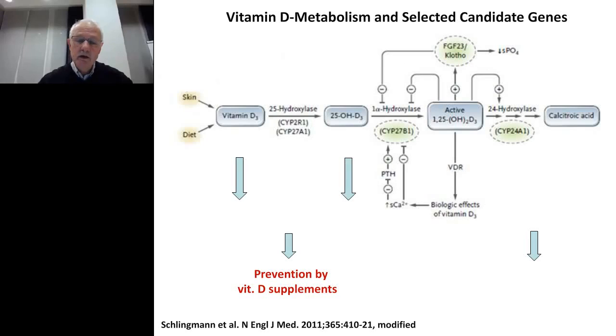Vitamin D itself is inactive and has to be metabolized in the human body, first in the liver, into 25 hydroxyvitamin D. If the vitamin D or the 25 OHD level is low in the human body, you can prevent this by vitamin D supplements.